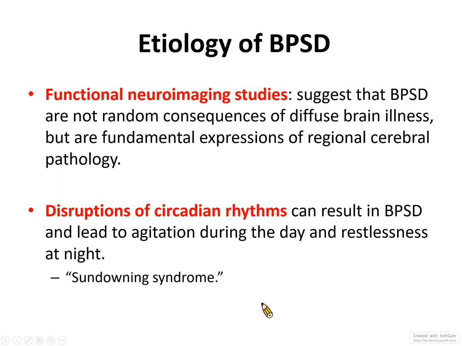But clinically, we know that demented people usually have disruptions of circadian rhythms, which can lead to agitation during the day and restlessness at night, called sundowning syndrome.